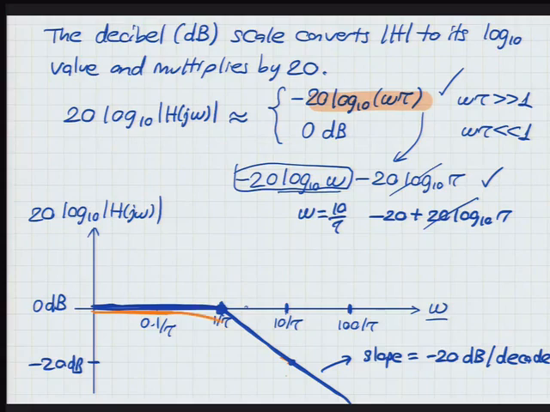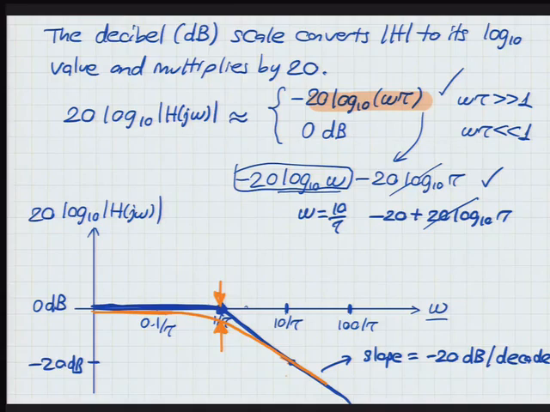And then it will go down almost linearly like that. So that's why this is a good approximation for small frequencies and large frequencies. The only place where you start looking at bigger errors is exactly at the cutoff frequency, which is 1 over tau. So you may wonder how much off are we at that point?